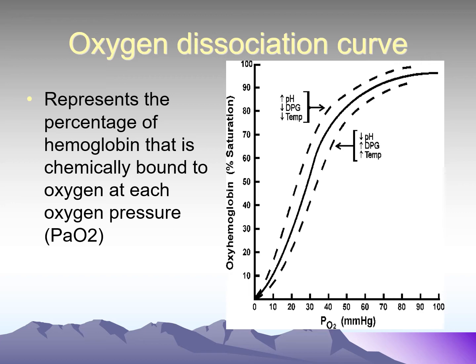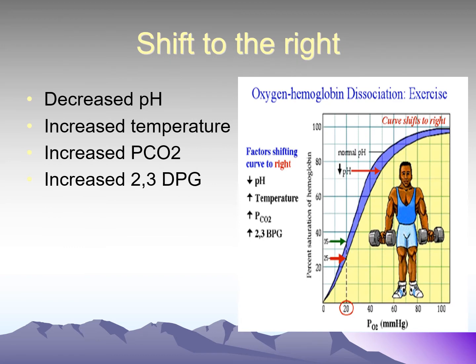Now we're going to look, on the next couple of slides, at the different shifts that we see. You should hopefully have these in your head. First, the things that would cause a shift to the right. When we think of a shift to the right, we should think about a decrease in pH, which would be increased PCO2, increased temperature, increased 2,3-DPG.